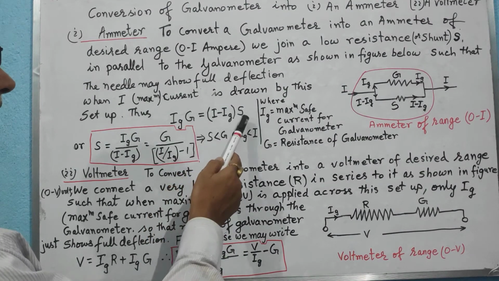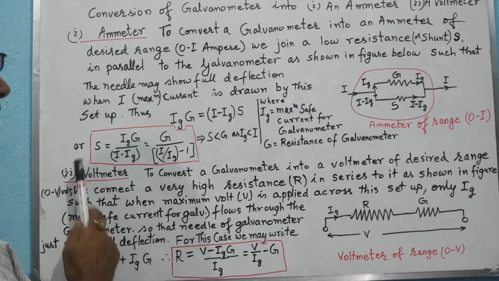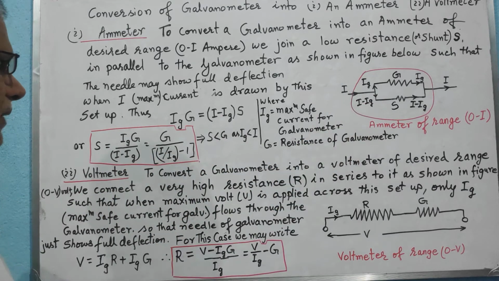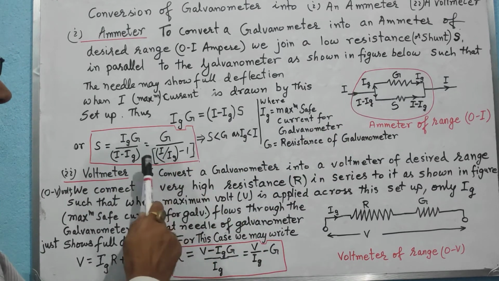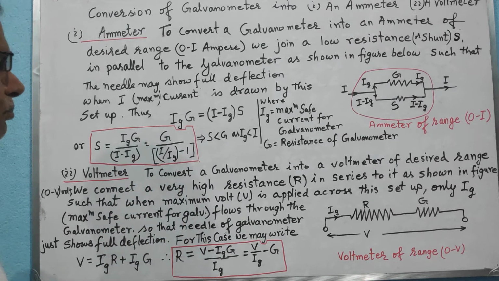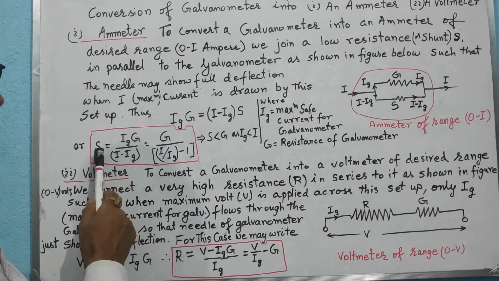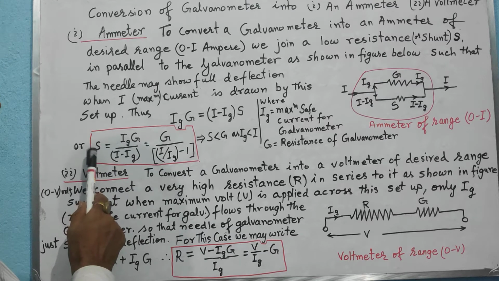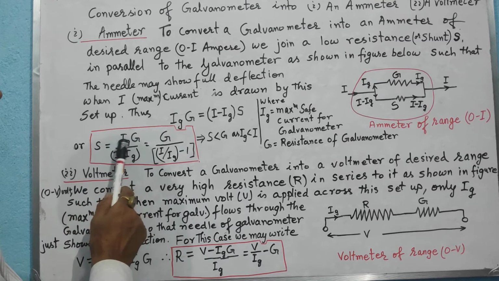From this relation, we can find the value of the shunt to be attached to the galvanometer such that the maximum current I can be measured. The value of the shunt will be S equals Ig into G divided by (I minus Ig).